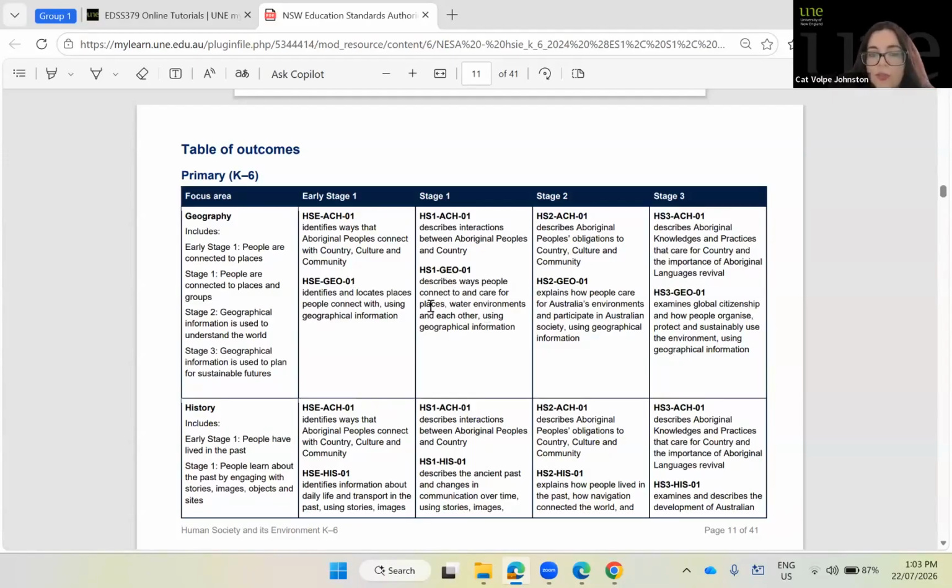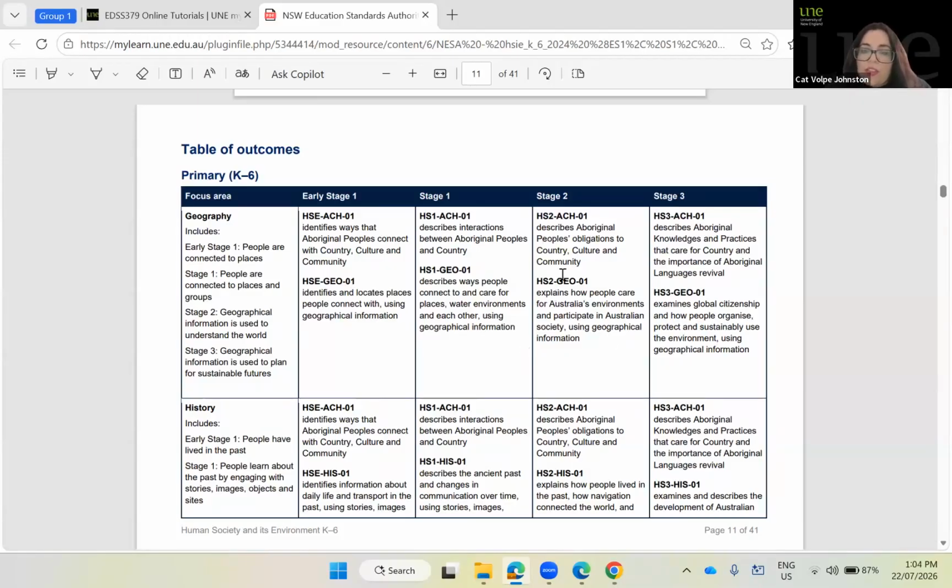Describing the ways people connect to and care for places, water, environments, and each other using geographical information. So there's that skill focus being embedded there. And you remember that connection and care to places and environments has always been an important component of geography, even in the 2015 syllabus. That's where those values come through.